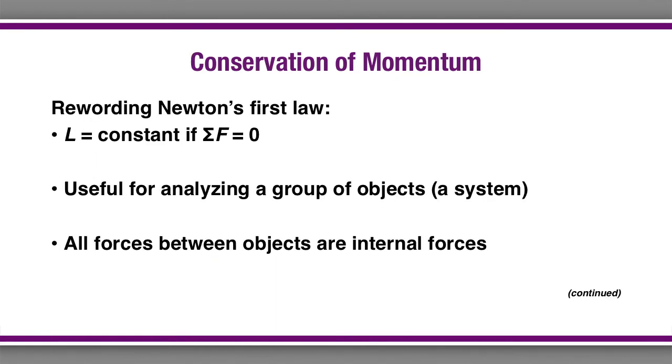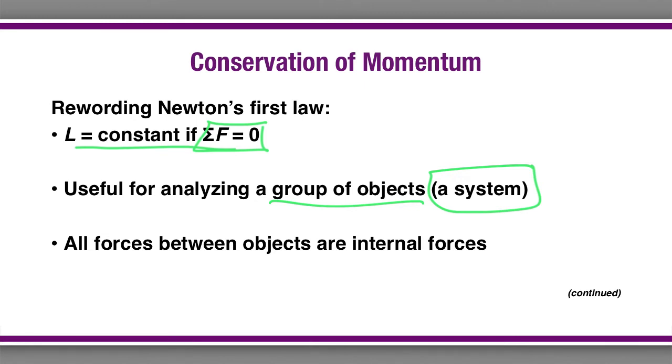With conservation of momentum, in rewording Newton's first law, linear momentum is constant if, again, the sum of forces is 0. So this is useful for analyzing a group of objects, otherwise known as a system of objects.